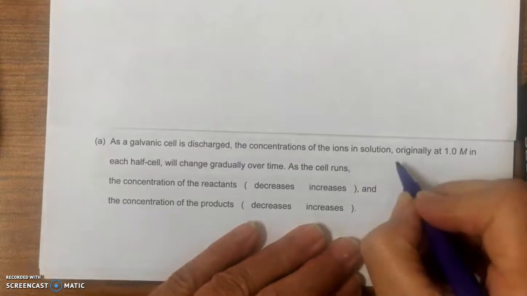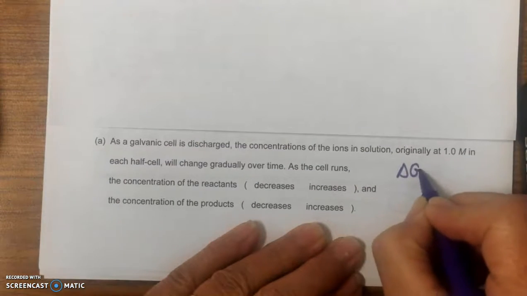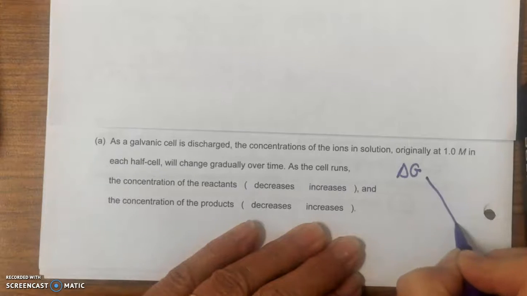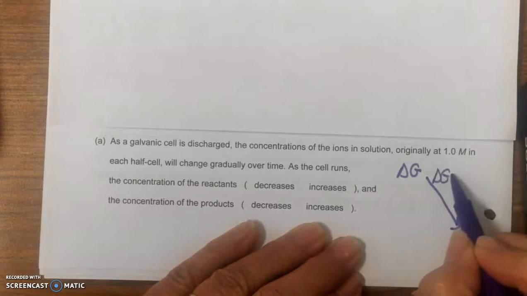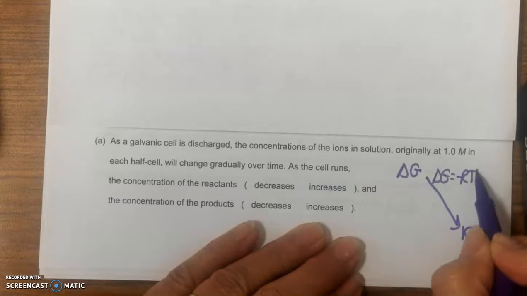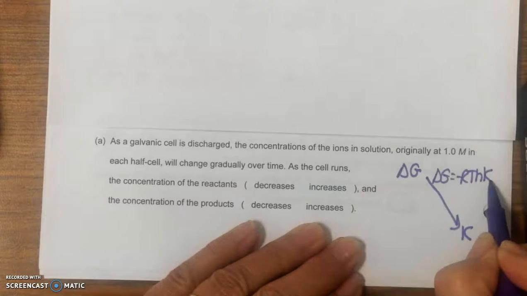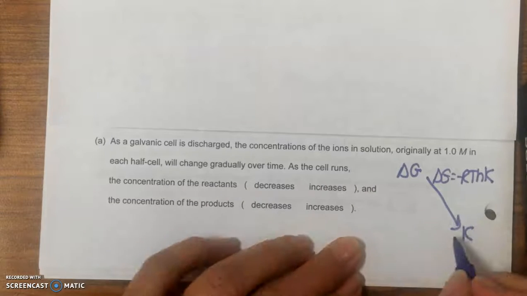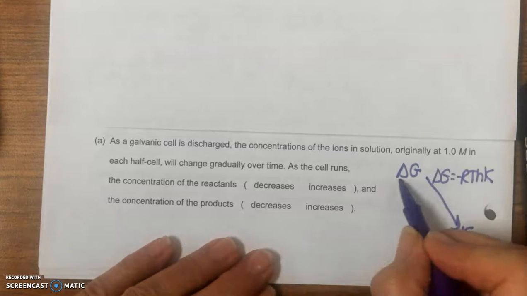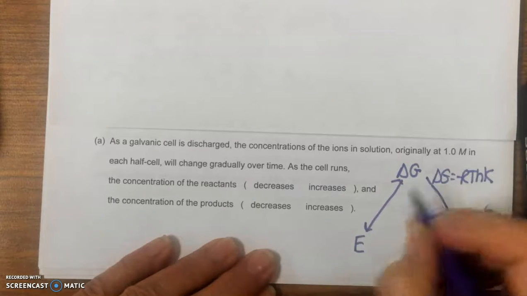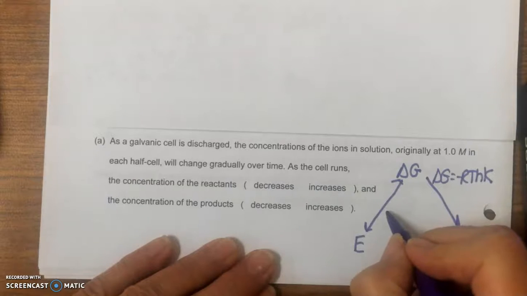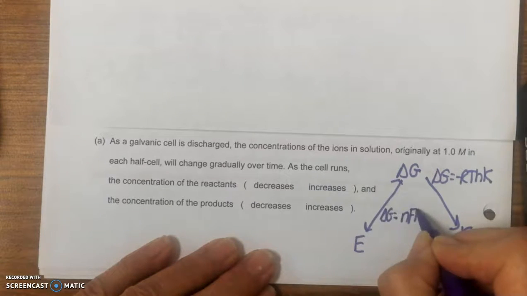And so I can say, okay, delta G is here. If I want to go to K, I can use delta G is equal to negative RT log of K. If I want to go from delta G to E, this one would be delta G is equal to negative nFE.